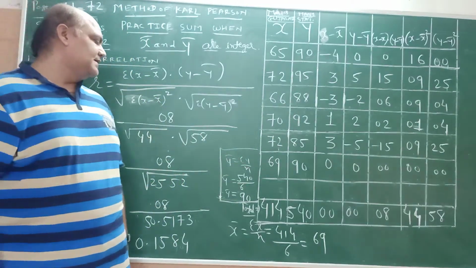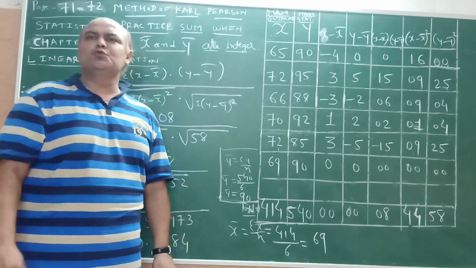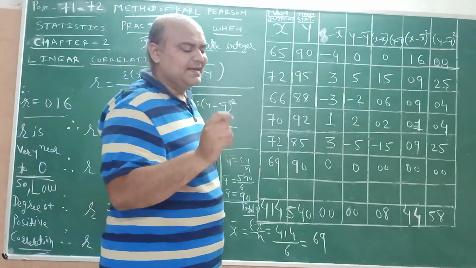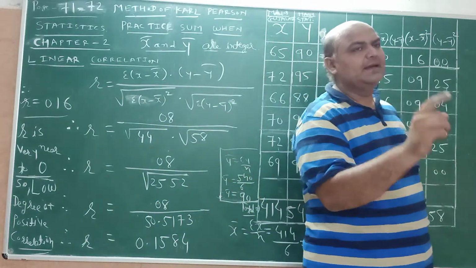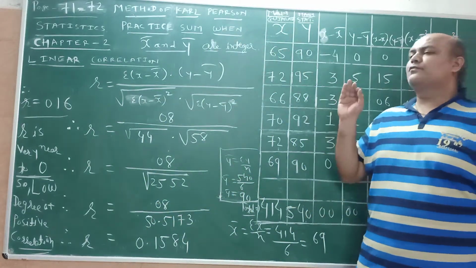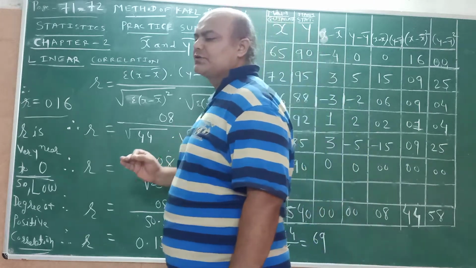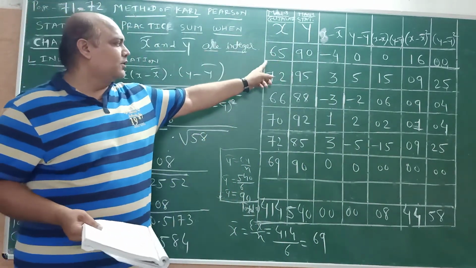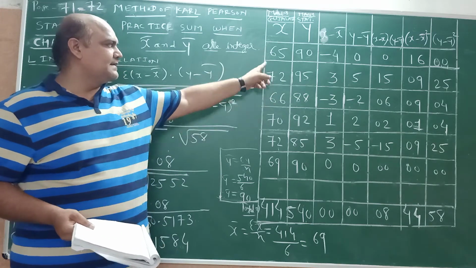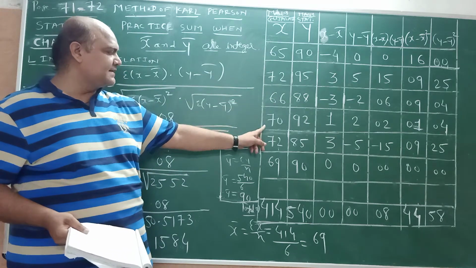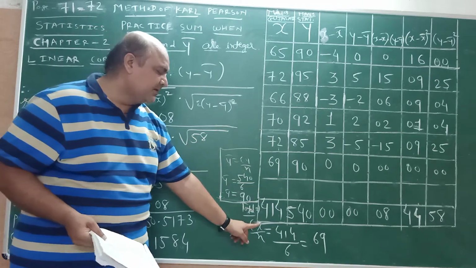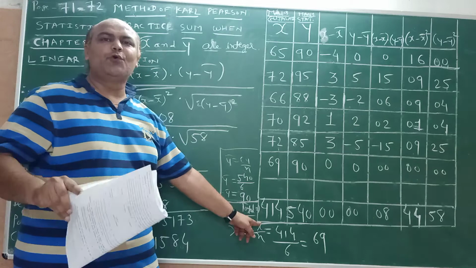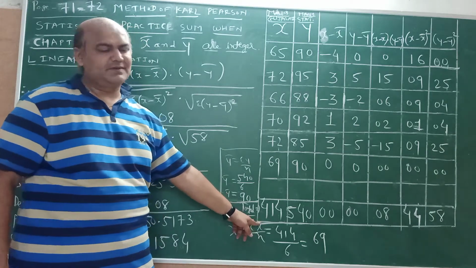So students, first what we have to do? We have to do the total of the column of X and the total of the column of Y, that is, total of marks of Gujarati and total of marks of statistics. Here I do the total. The total of column X, that is 65 plus 72 plus 66, 70, 72, 69, is 414.